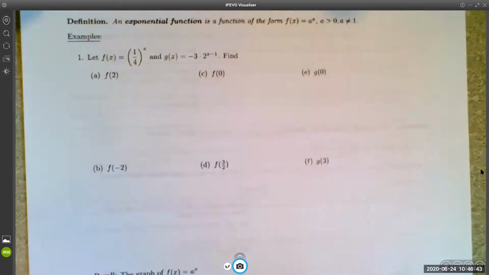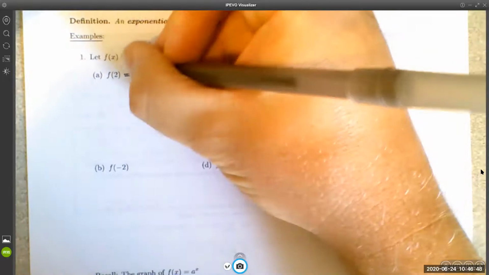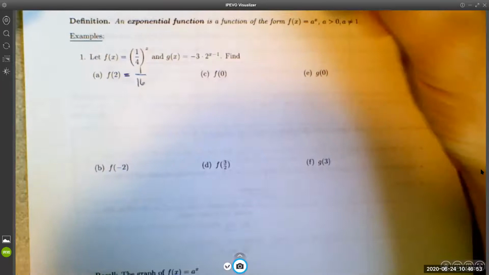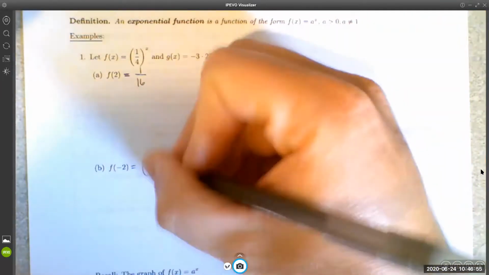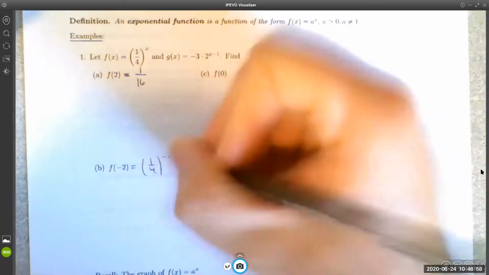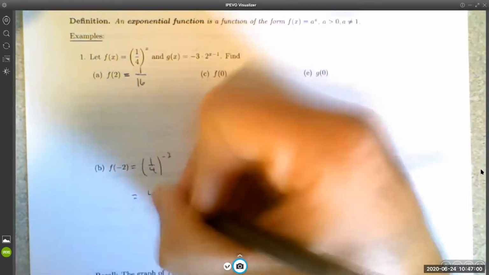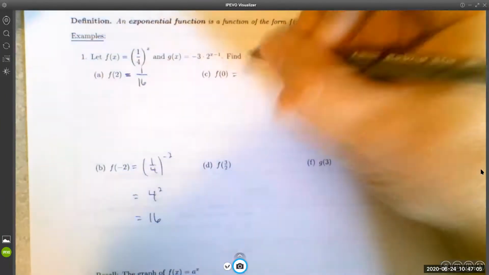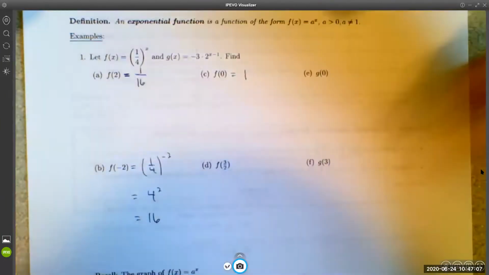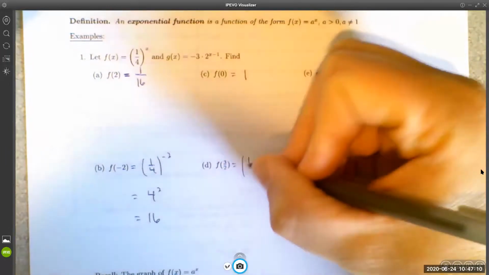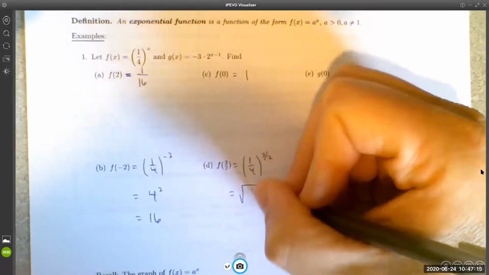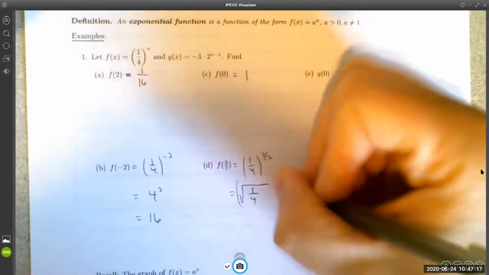Okay, here are my solutions. For f of 2, I think you should get 1/16. Right, it would just be 1/4 squared, which is 1/16. F of -2 is going to be 4 to the +2, which is 16. F of 0 is 1. F of 3 halves. Ooh. This is equivalent to the square root of 1/4 cubed.